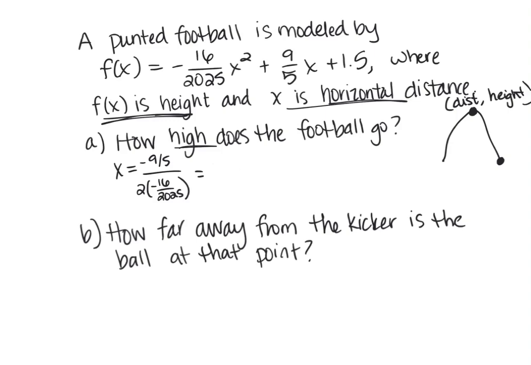Just be careful with the way you put these into your calculator. Do -9 divided by 5 divided by parentheses 2, and then another parentheses, -16 over 2025. Wrote too many zeros.